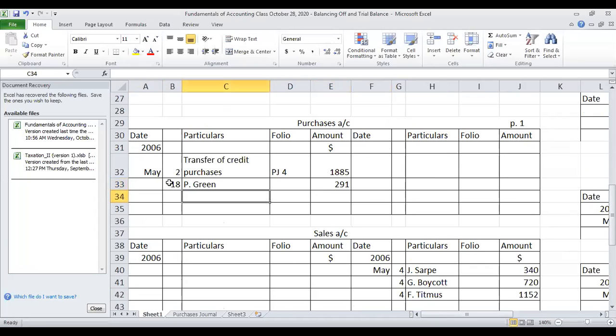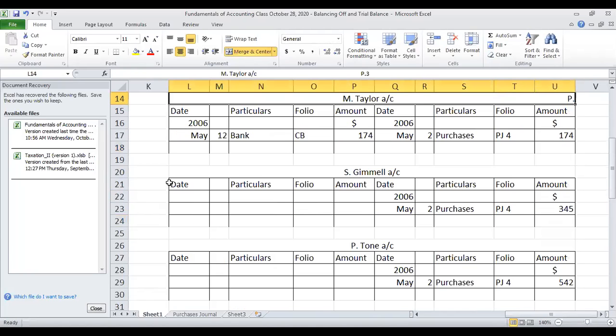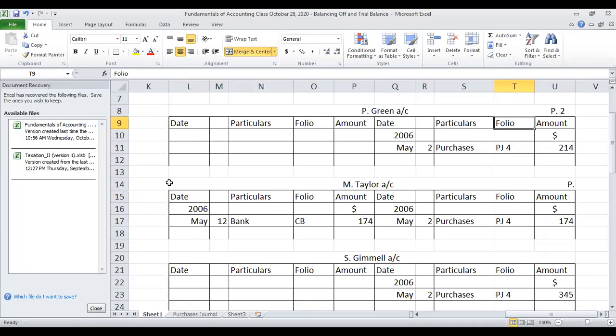I have also Mr. SGML, the amount is 40. So we debit purchases and you credit these individual accounts now under the purchase ledger. P Green. So you're going to credit P Green now.